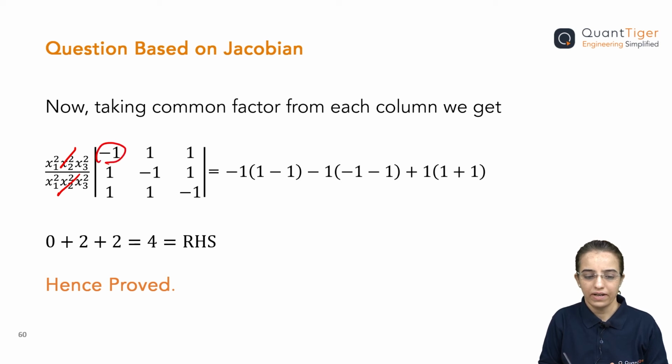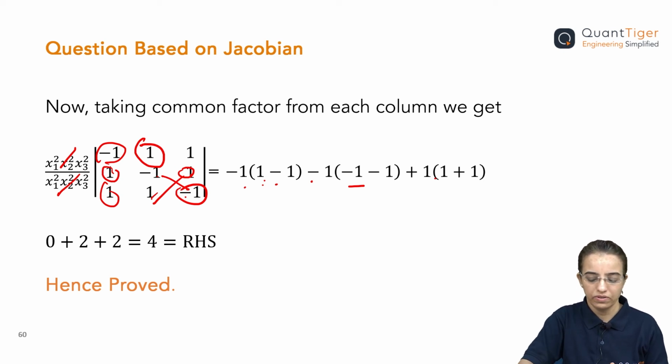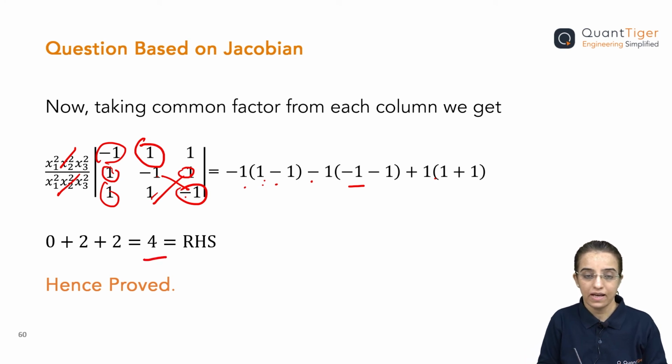So minus 1 I have taken in here, then minus 1 into minus 1, and this one subtraction I will do over here. So this is minus minus, which will become plus 1, then this minus 1 along with the subtraction sign, this will be minus 1 over here, and this multiplication of 1 and 1 will be minus 1. So by simply using the determinant rule, we simplify this one. The final value we get is 4.